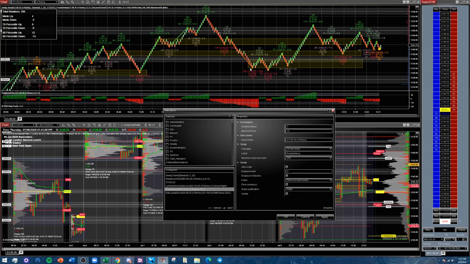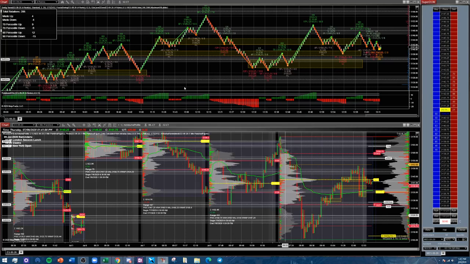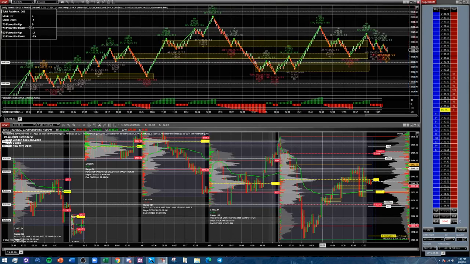This would also be a fractal because we have a low, and then we get 2 bars up here that are higher, and 2 bars up here that are higher. And then I've got a minimum number of ticks set at 3 points or 12 ticks, so that it basically spits out these figures.